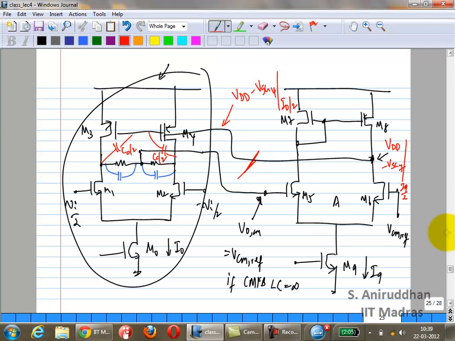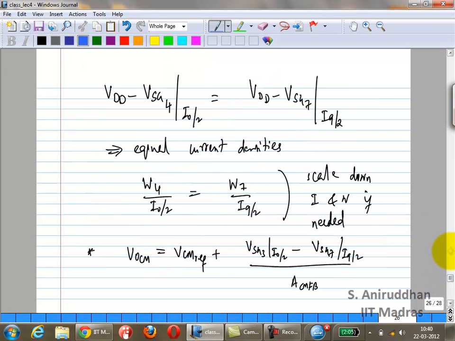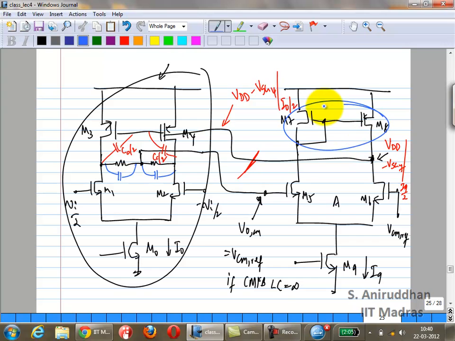Okay. Now one last thing which I forgot to mention when we did this. We talked about these two sets of transistors having the same current densities. Okay. This is a kind of biasing called replica biasing. And it's extremely common in many different kinds of systems.